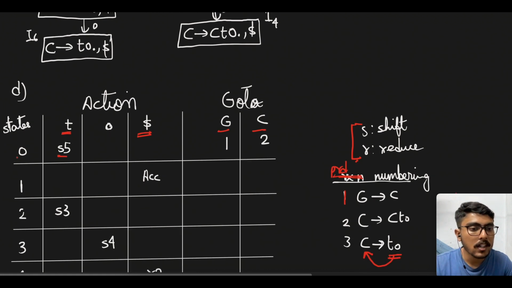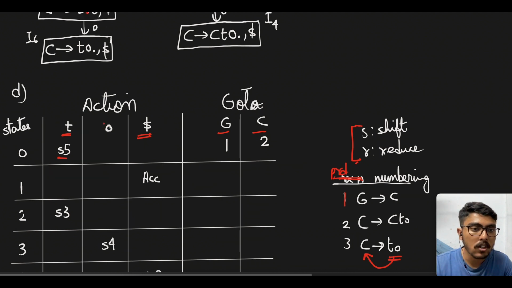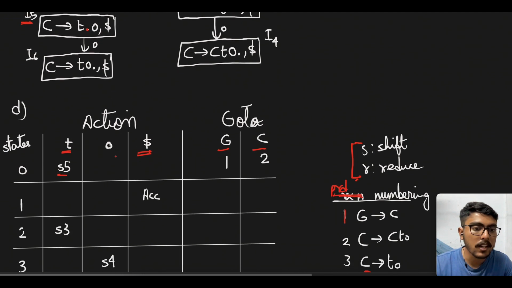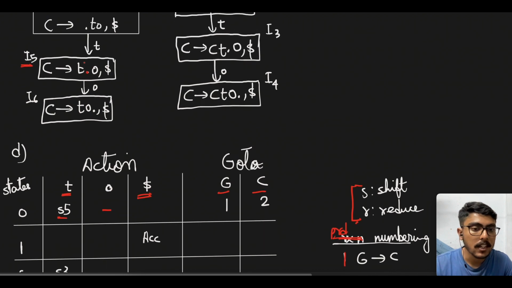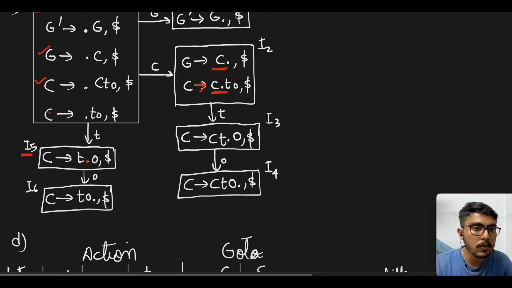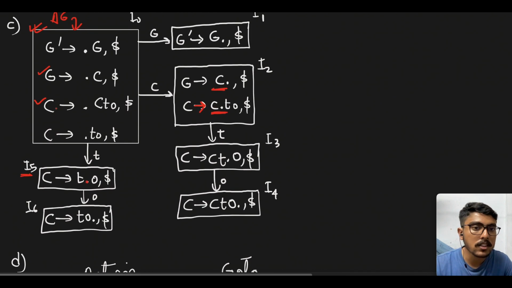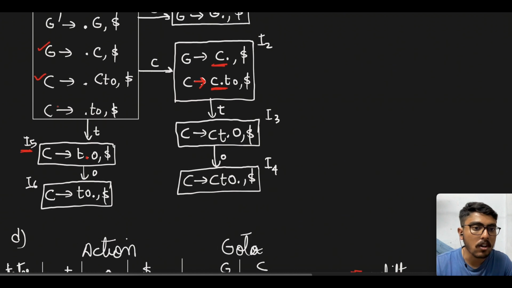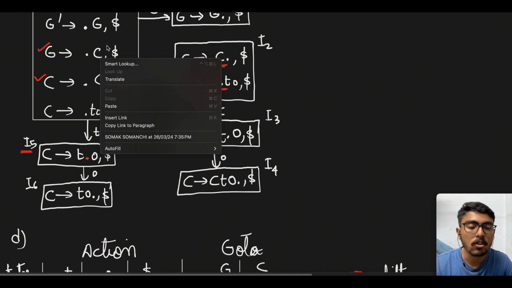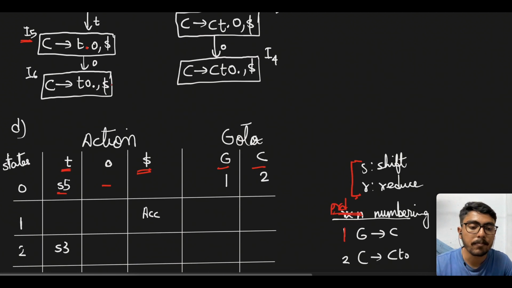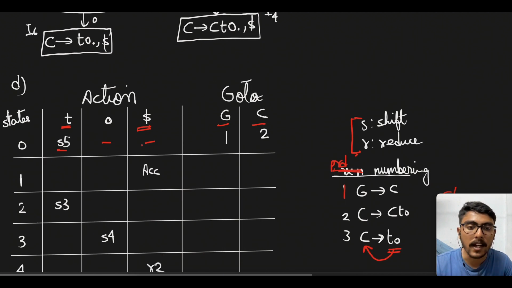Now in state 0, do we have O? We don't have, so we will leave this place empty. In state 0, do we have a dollar symbol as the look ahead in the string? We don't have, so we leave it blank again.